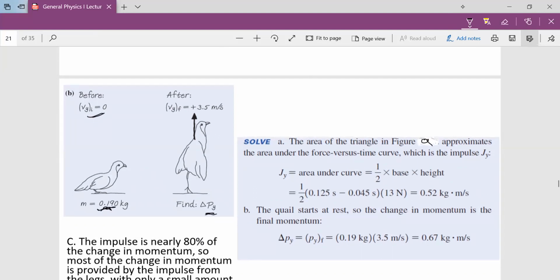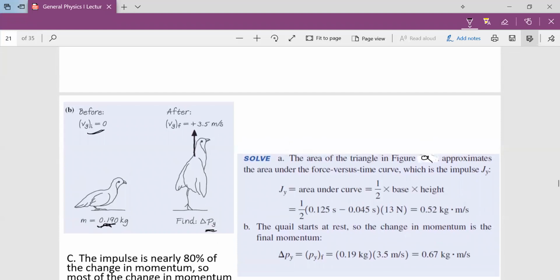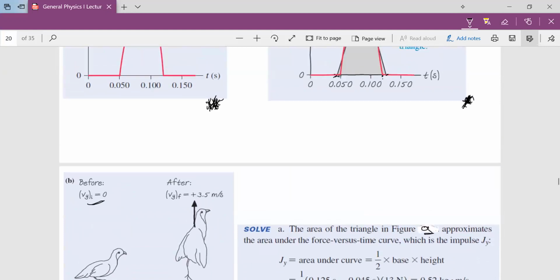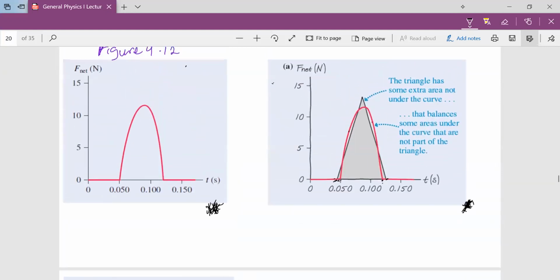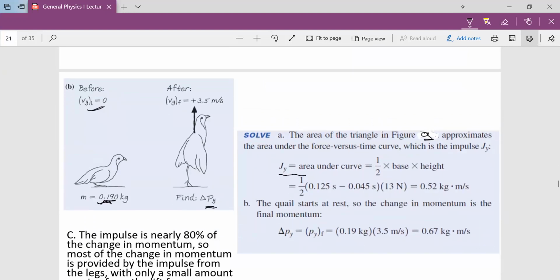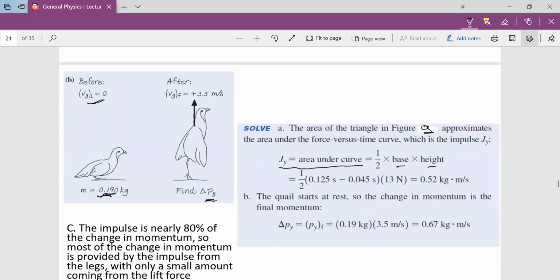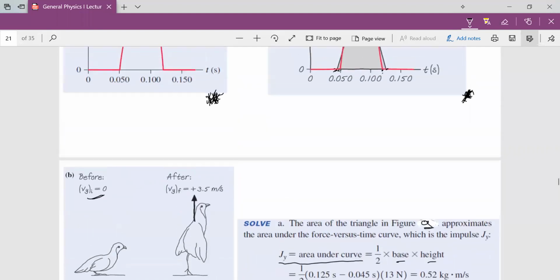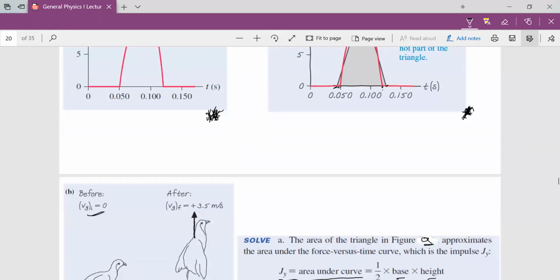So we'll move on to attending to the first question using the image from the triangle approximation of A that we saw here. So figure A is what we're using. Our momentum is actually the area under the curve, which is half base times height for the area of a triangle. So we have half, then our base, which is the difference between these 2 points.